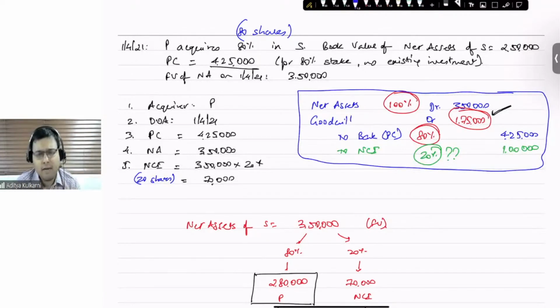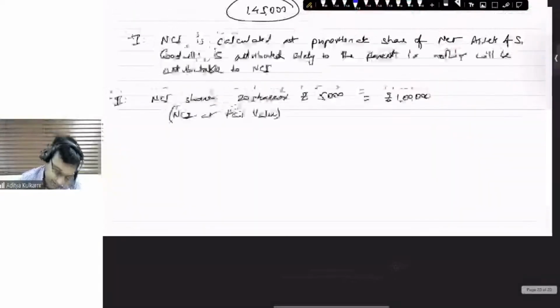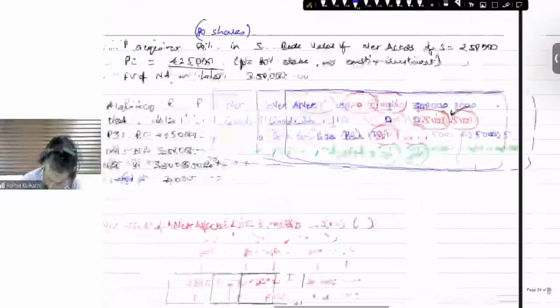Basically, let us understand what happens in consolidation.